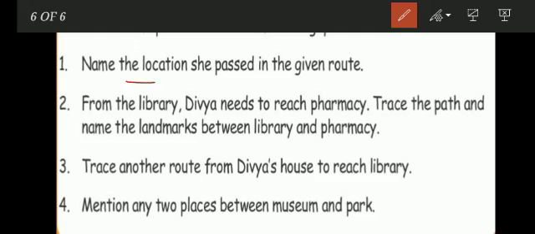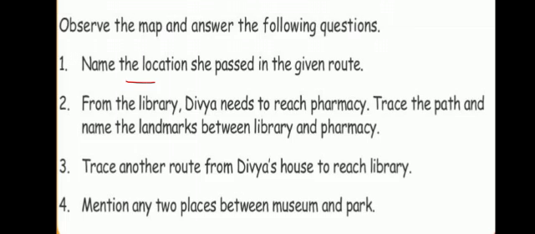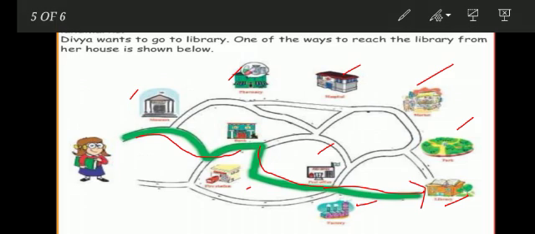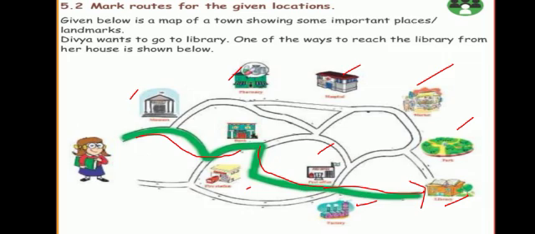They give a route. We write the names only. First we write museum, then bank, and then post office, then library. So these four landmark names we will write in the first question.